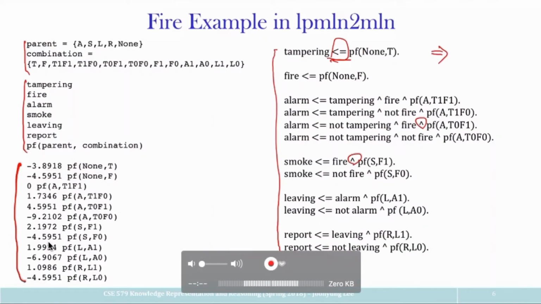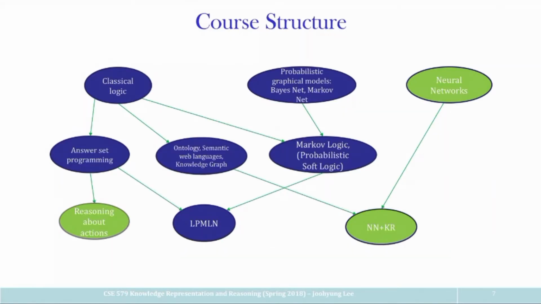What we will do today is see how this is done. Today will be the class that connects these different formalisms. We have covered ASP and Markov logic, and now the language of LPMLN. Having done this, how are they related? Some directions may seem obvious.